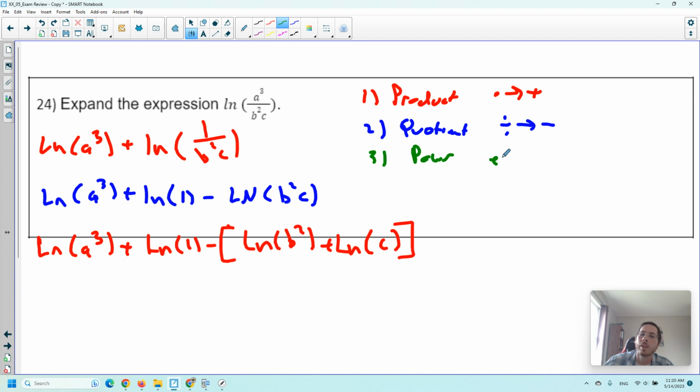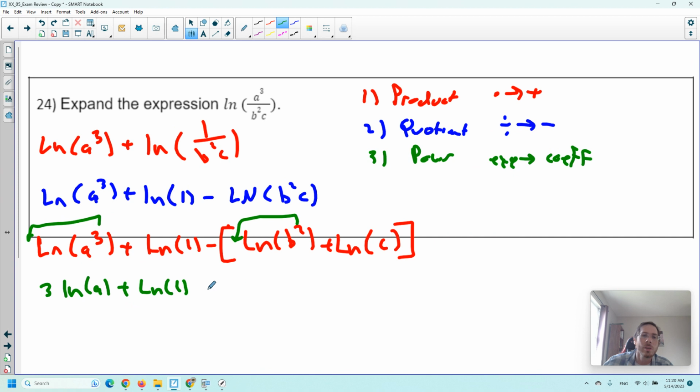So power rule, we're going to take the exponents and bring them down to multiplication as coefficients. So we're going to bring that out front, and bring that out front. And that's all we've got for that part. So 3 ln A plus ln 1 minus 2 ln B plus ln C.